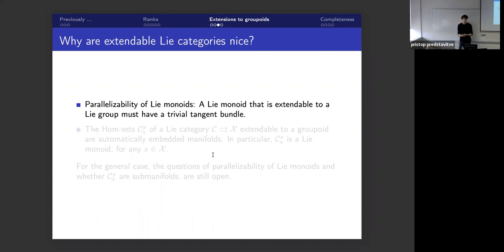We know Lie groups are, right? And the question is whether the same holds for Lie monoids. And in the case where a Lie monoid is extendable to a Lie group, it is indeed true that parallelizability holds. And why is this the case?